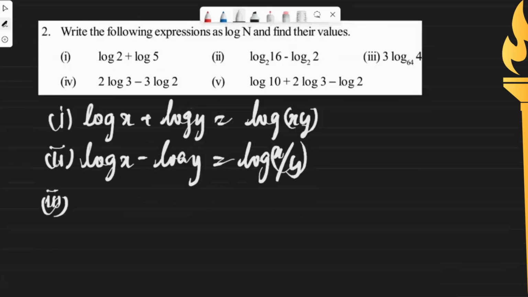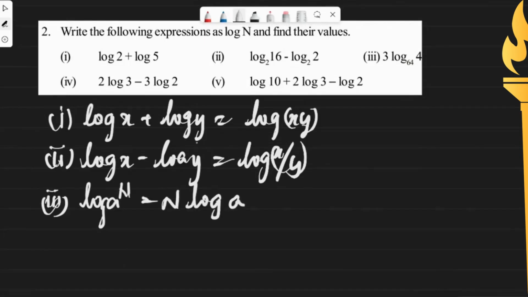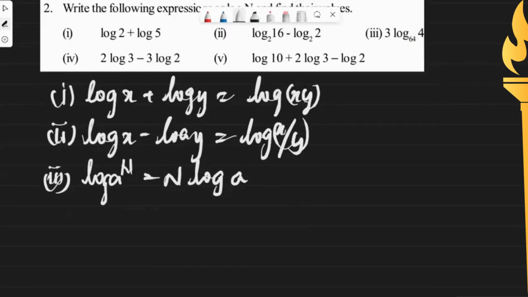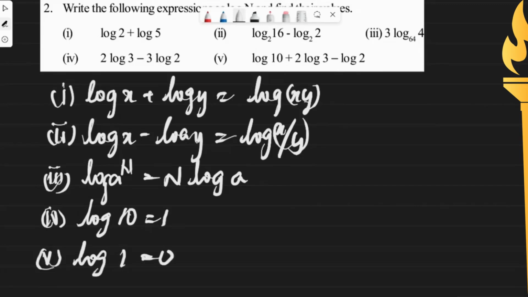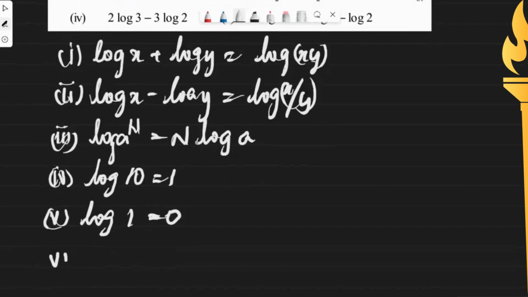Third point: log a power n is equal to n log a. Fourth one: log 10 is 1. Fifth one: log 1 is 0. And last one: log a base a is 1.